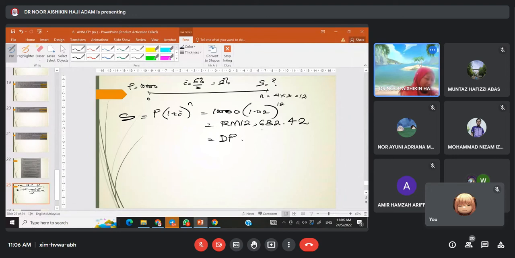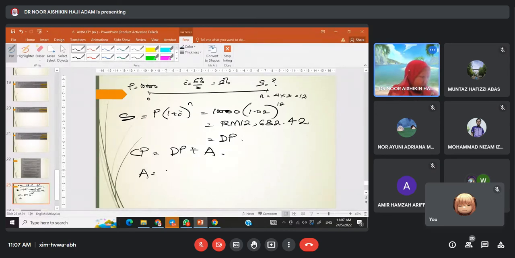So, dia kena buat loan to buy the shop lot, sebab kita tahu the cash price of the shop lot would be the down payment plus a loan amount that he has to make. Boleh cari loan because all information is given there.